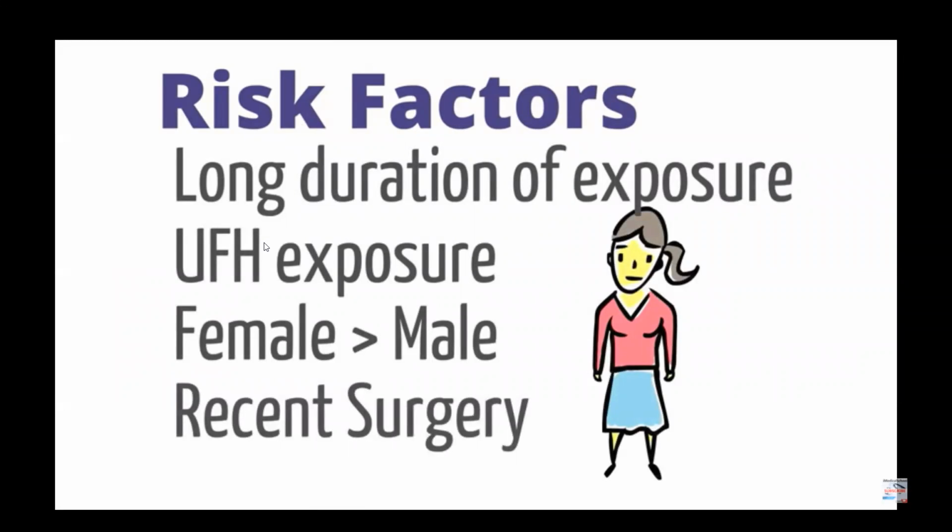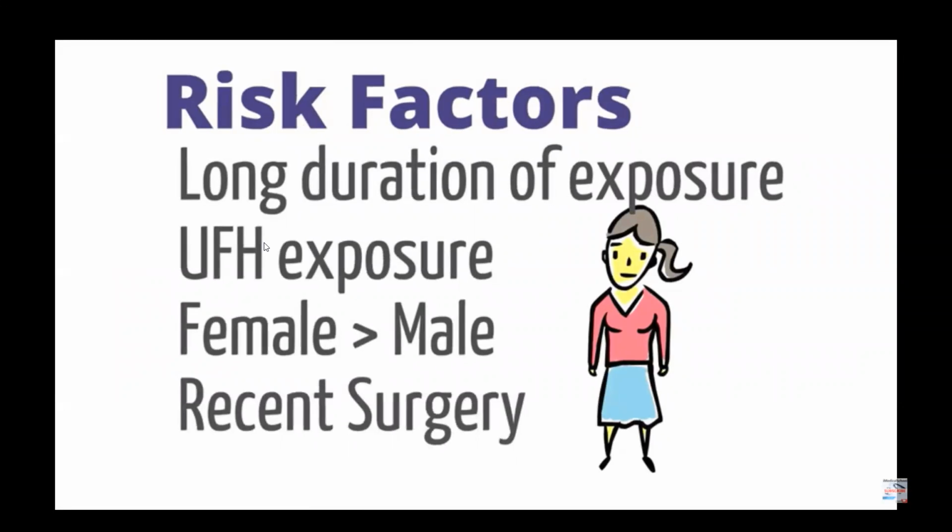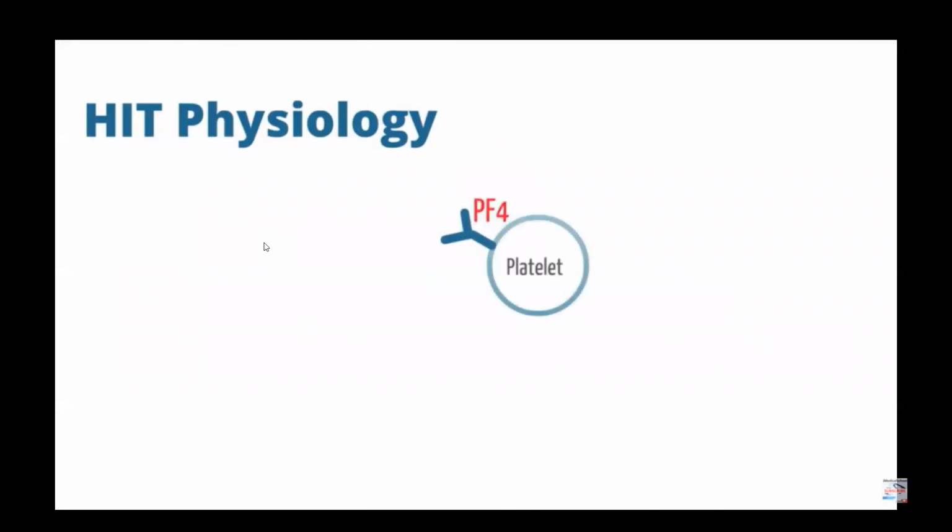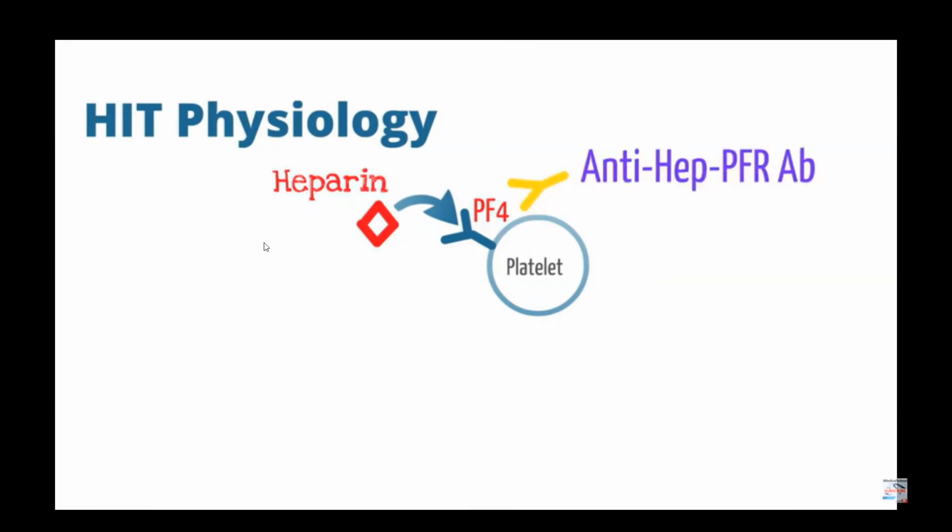So let's discuss the physiology of HIT. Platelets have a receptor called platelet factor 4 bound to their outer surfaces. When heparin is introduced into the bloodstream, the heparin binds the platelet factor 4 receptor. Generally, if a patient had a previous exposure to heparin, they may have developed an anti-heparin platelet factor complex antibody.